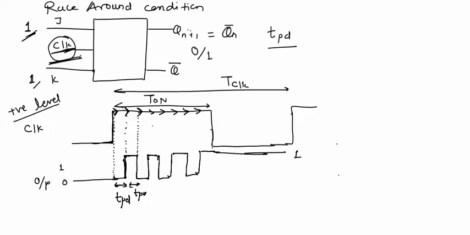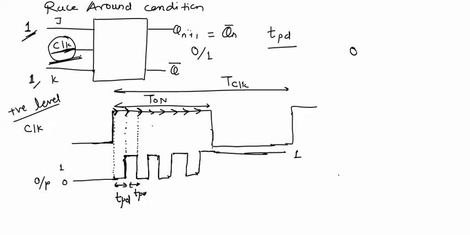Now see, in this case, in a single clock pulse, the flip-flop is triggered multiple times. If the flip-flop is triggered multiple times, its output for every triggering will be the complement of the previous output.